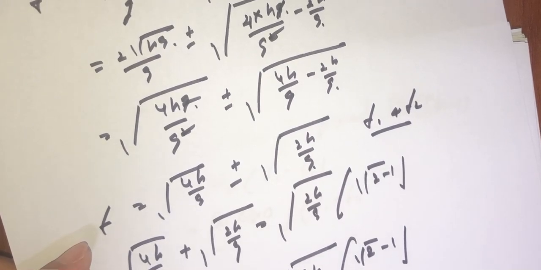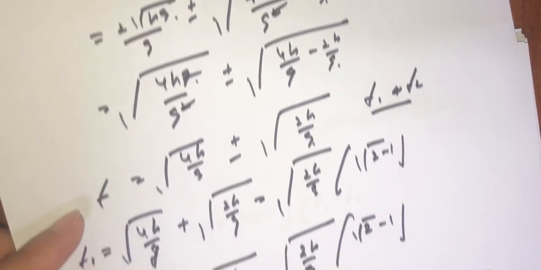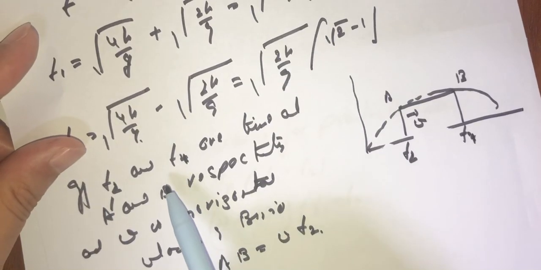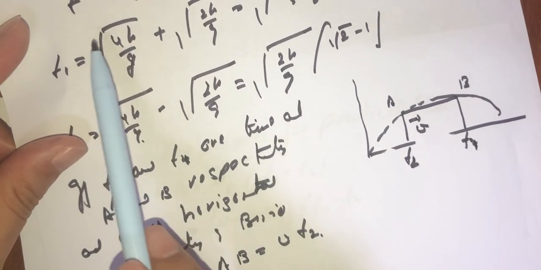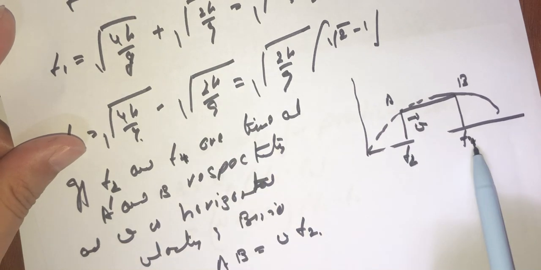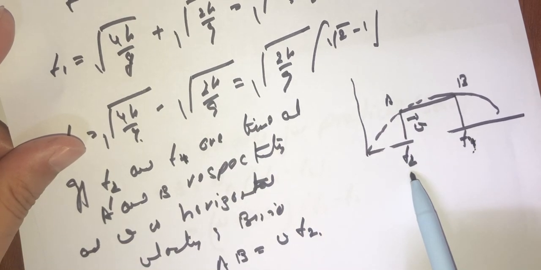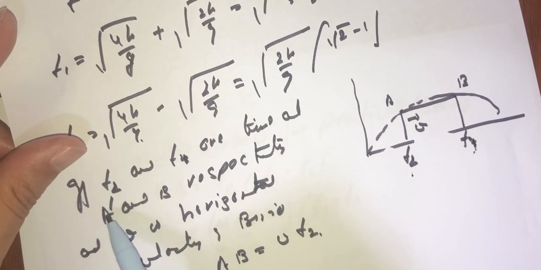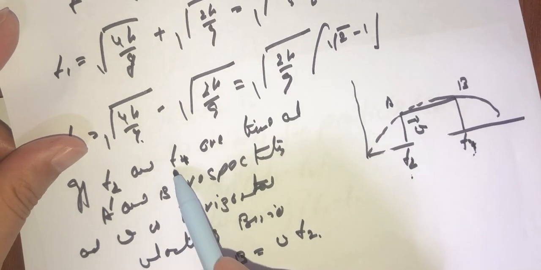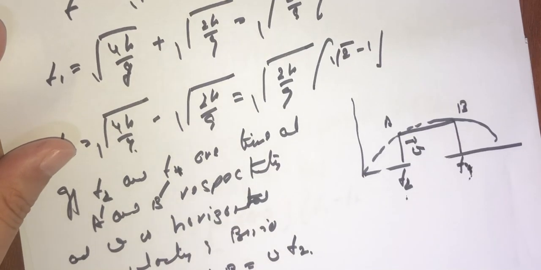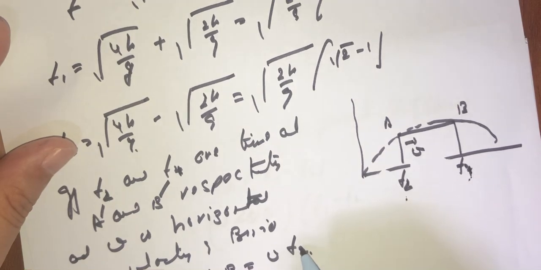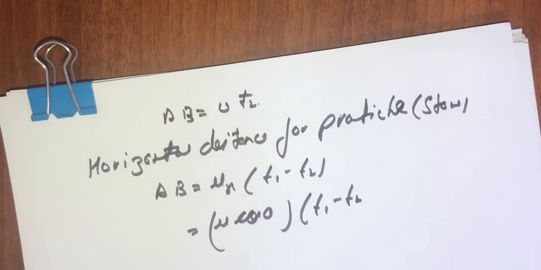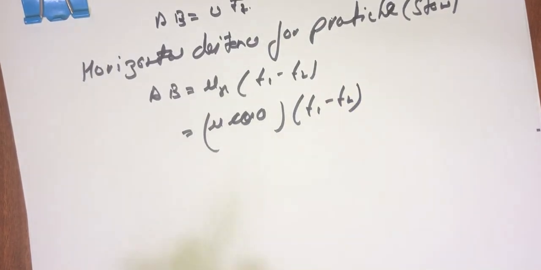So T2 will be the time at A and T1 will be the time at B. So now it's correct.